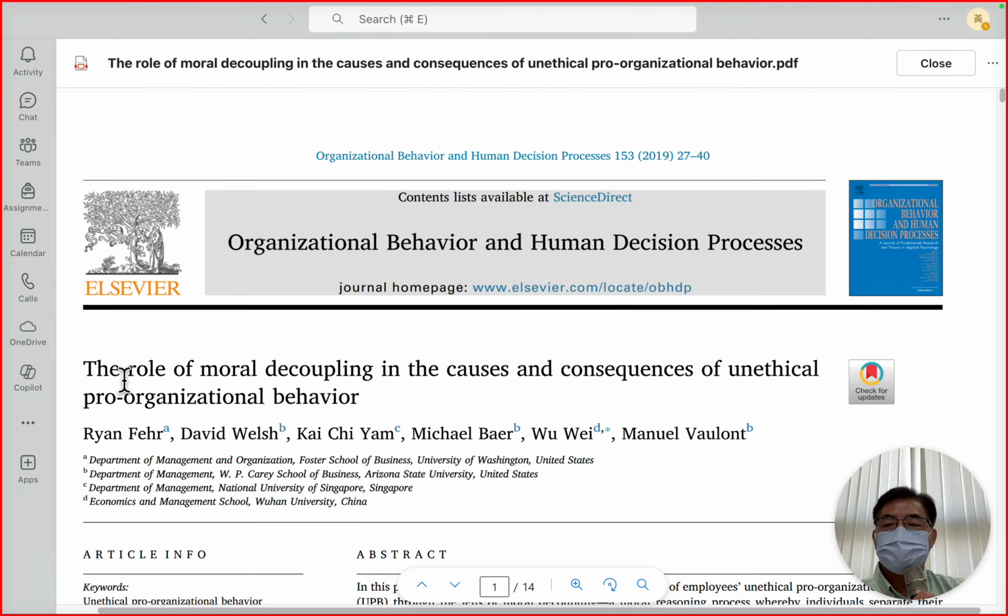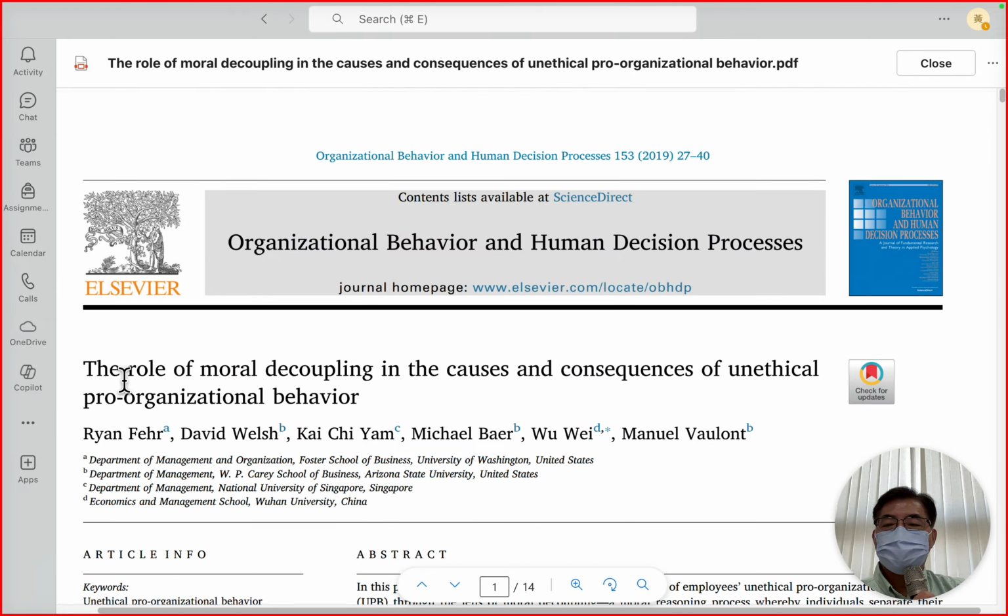Let me switch to the framework here. You can see that this one is the framework.